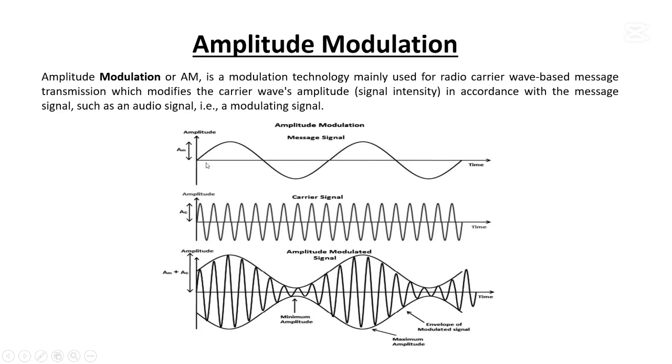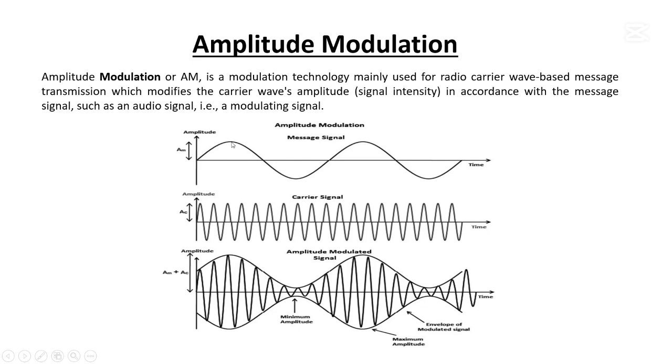In amplitude modulation, the amplitude will change. First of all, this is our midpoint, the zero line, the zero amplitude line, the reference axis.